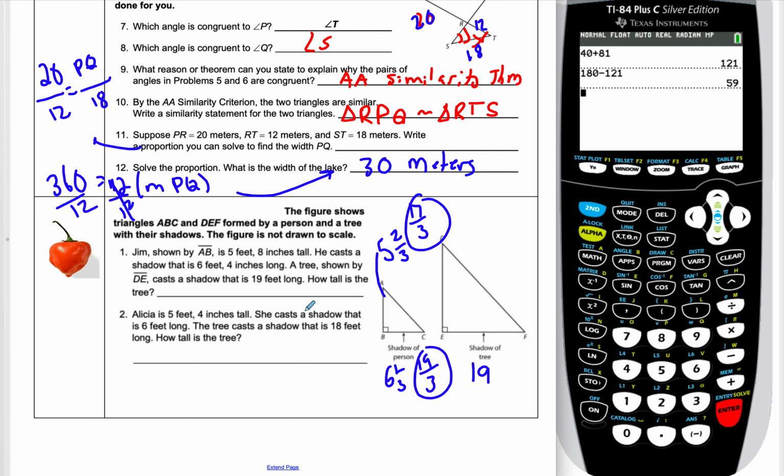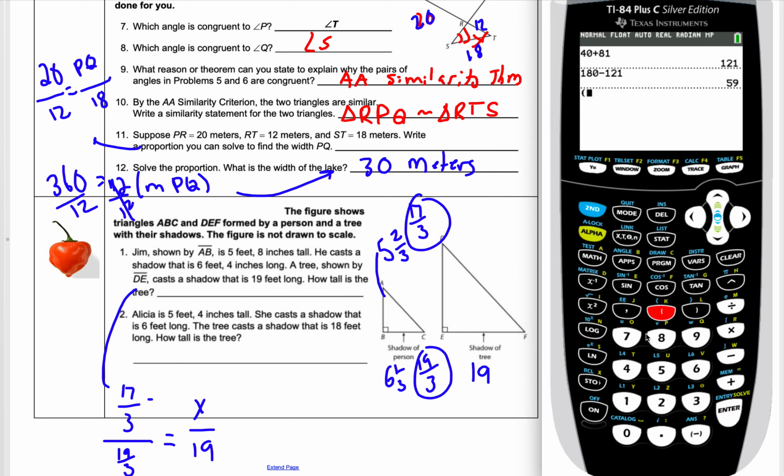Okay, so now what I know is this. 17/3 is to 19/3, this is one of many proportions you can use, as x is to 19. If I clean this up, when you divide 17/3 by 19/3, you get this weird fraction.